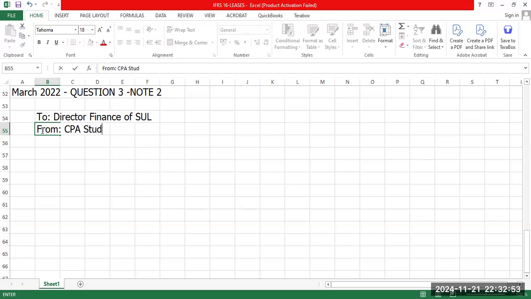CPA student, since the title is not clear. As a must, we will need to do this in an exam. We will have somewhere to write this. Date we put what? The exam date. Our exam date, do you recall? It is on 2nd December 2024.